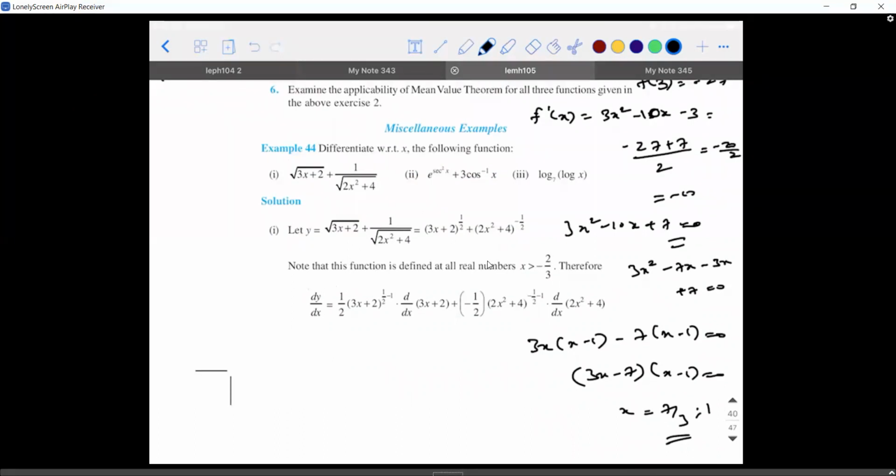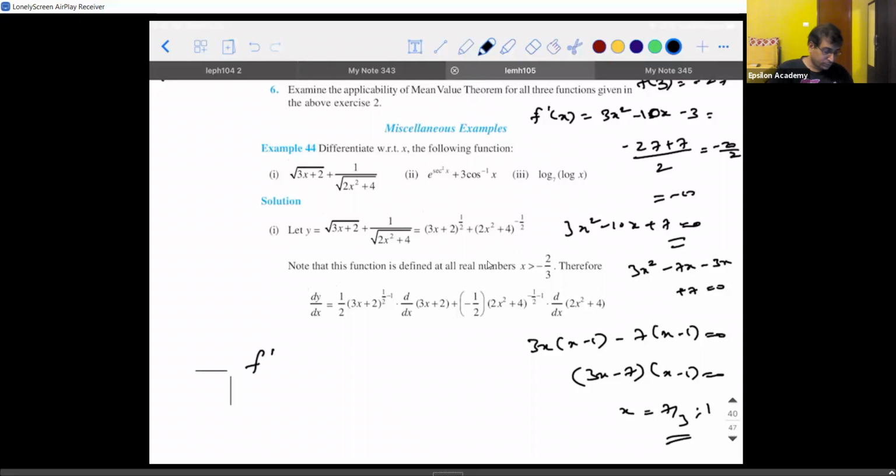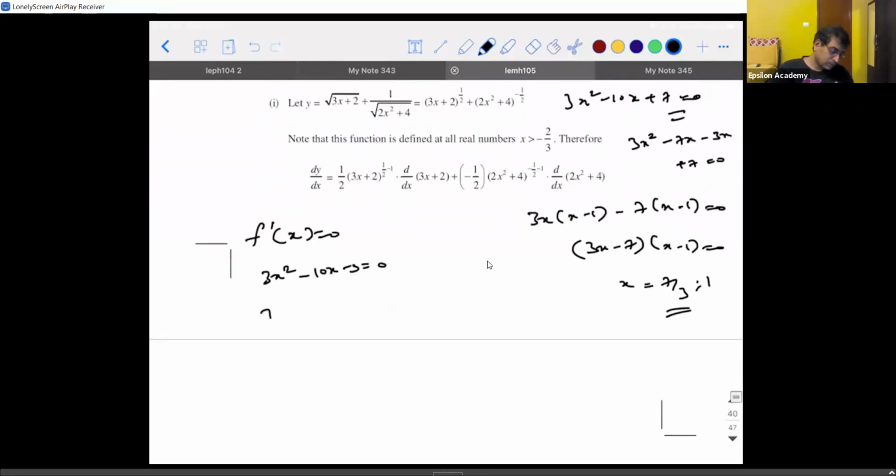Yes, sir. So they're asking, is there a point where f dash of x equal to 0 also? So f dash of x is 3x square minus 10x minus 3 equal to 0. So 3x square minus 9x minus x minus 3 equal to 0.